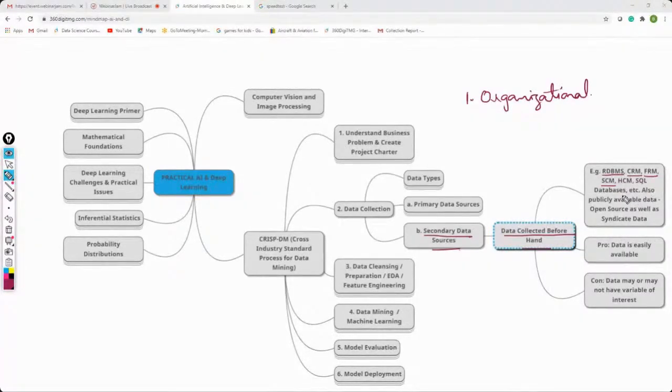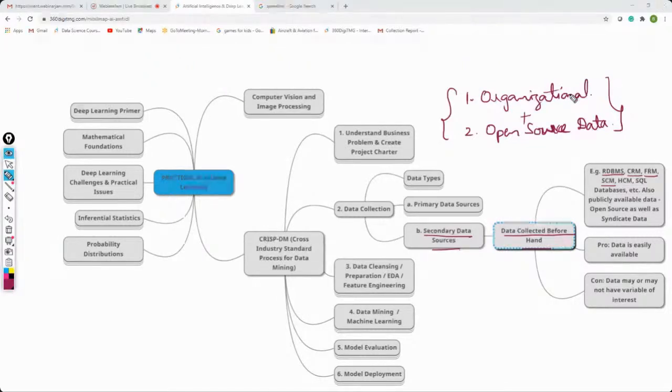Also, there is data which is publicly available. One is organizational data. Another is data which is publicly available, open source data. You can also take that data. The greatest mistake which theoretical data scientists make is they assume that whatever data we get from the organization is final.